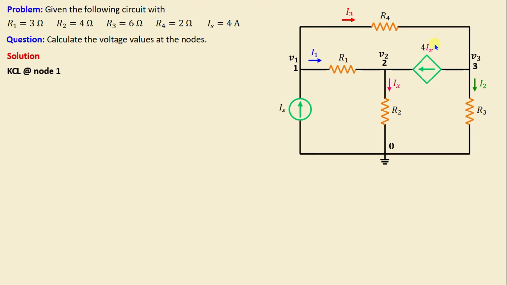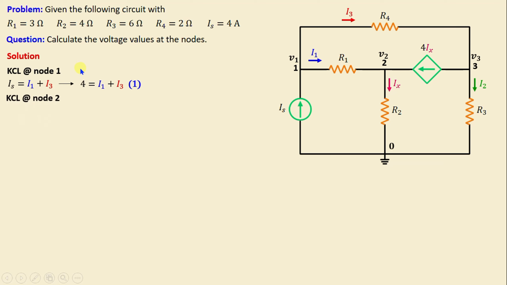Let's start first by applying Kirchhoff's current law at node 1. We can write IS is equal to I3 plus I1. And if we replace IS with its numerical value, we obtain I1 plus I3 is equal to 4.